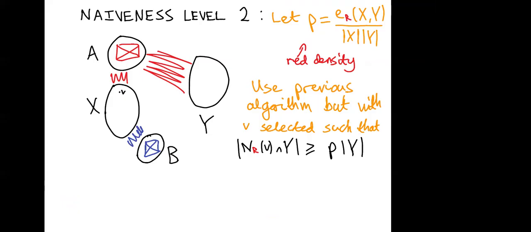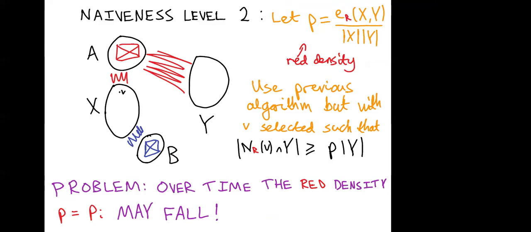So you could say I want to do the previous argument, but with a vertex which has a reasonable size red neighborhood on the other side. I mean, technically, in that algorithm, we actually throw out vertices V if they have a density much smaller than the average. So we are maintaining it.